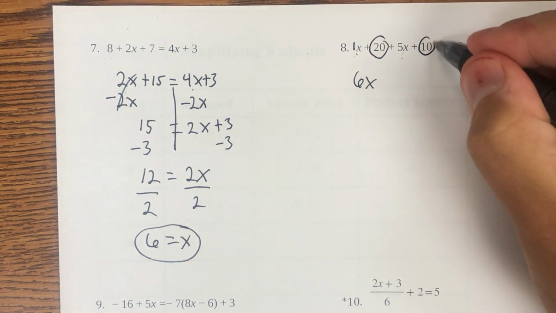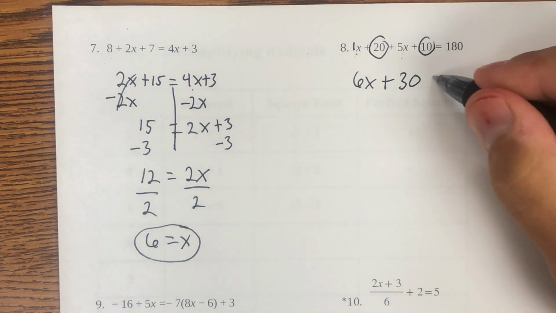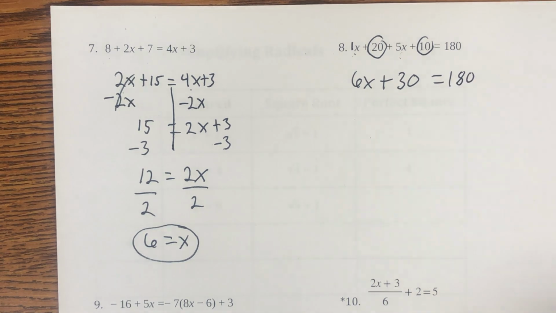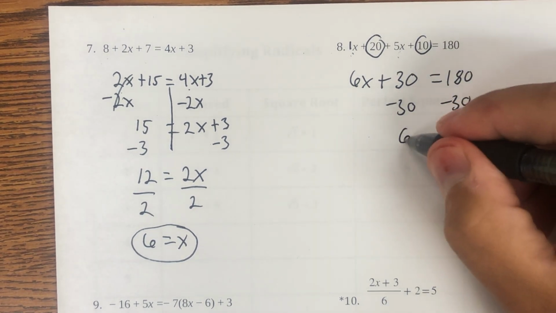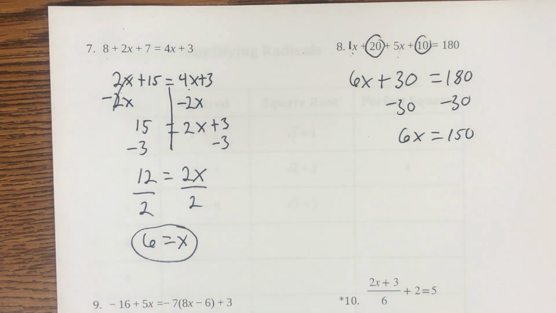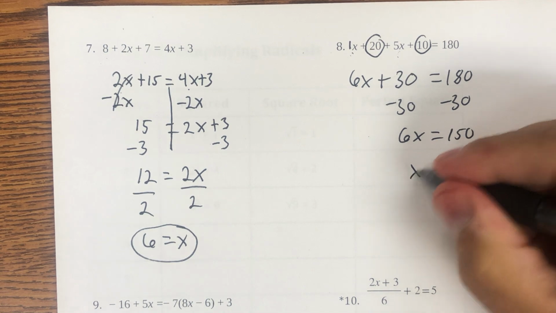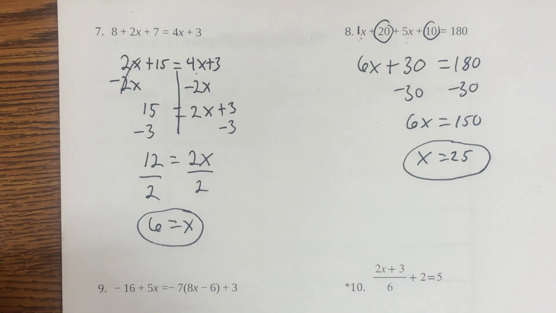Combine them. 20 plus 10 is 30. 6x plus 30 is equal to 180. Subtract my 30. And we got 6x equals 150. And 150 divided by 6 is 25. Should have known that one. I used a calculator. All right.